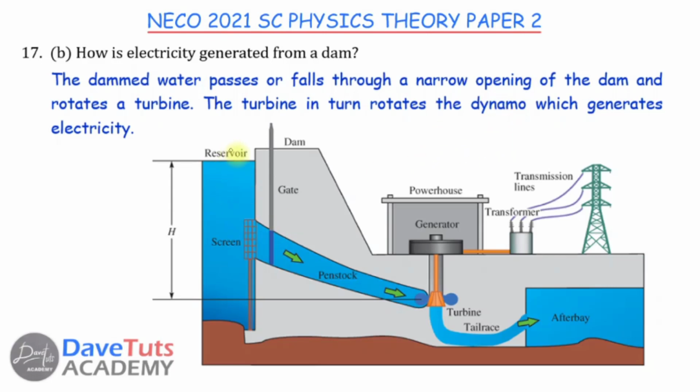So here, this is the reservoir. Okay, let me use red ink. So this is the reservoir. Okay, and this is the dam. The water has been stopped initially.